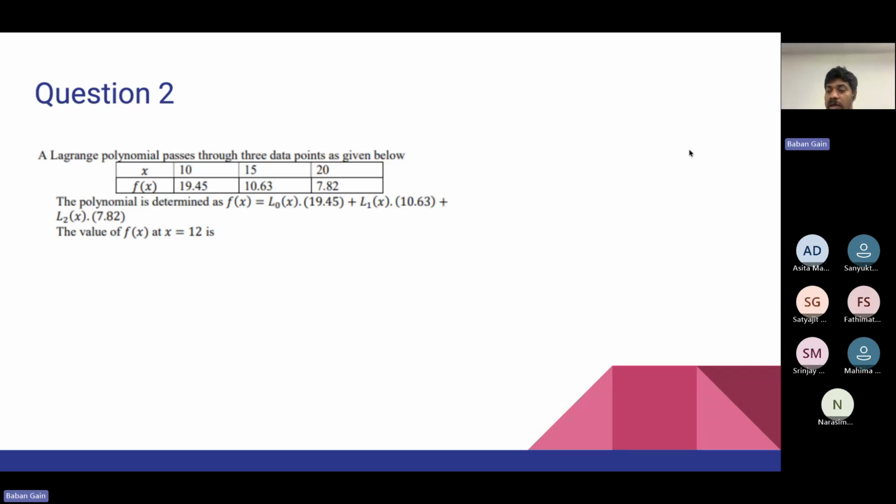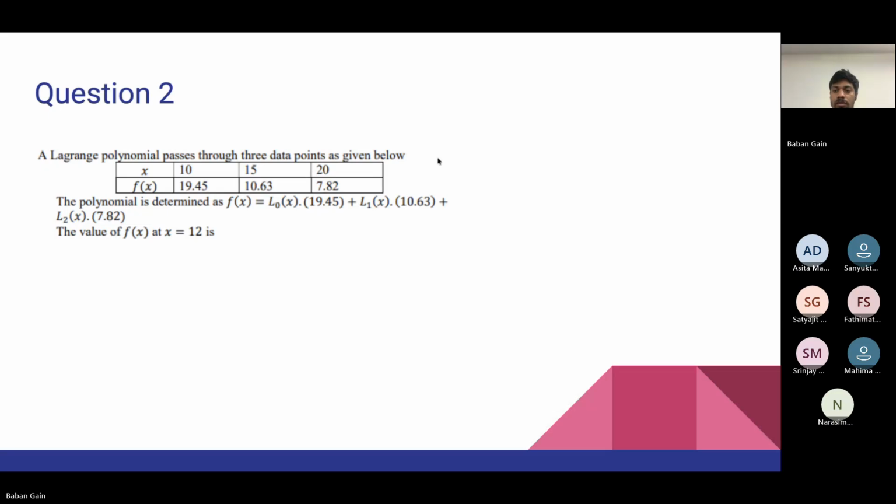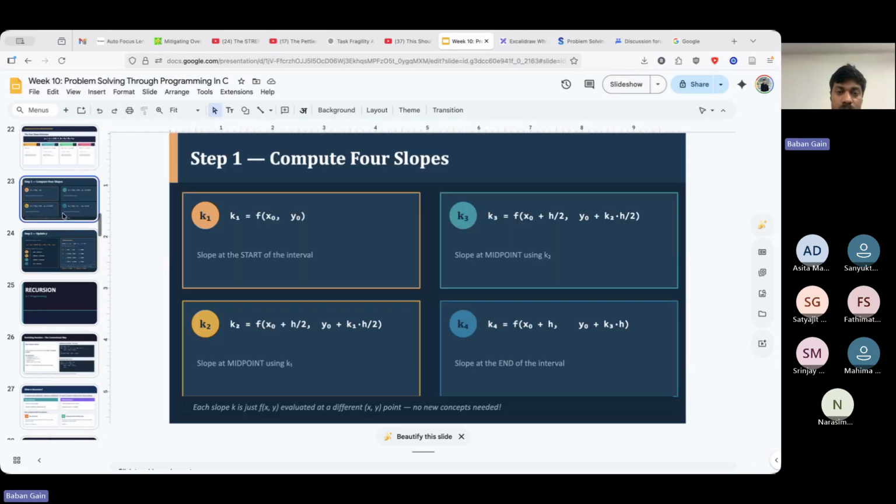But can anyone try to solve maybe L0 of x? I'll give you some time, 2 3 minutes. Let me also copy the equation. So the equation, if you remember, is from earlier.